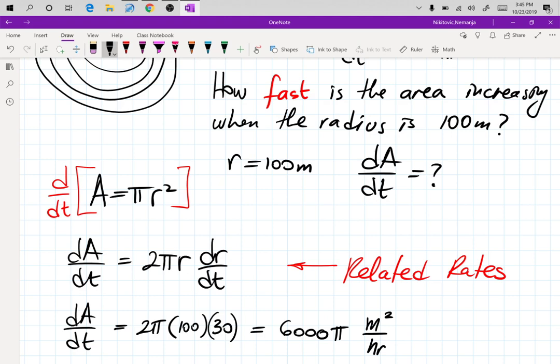Now, if two planes are to collide, what's the distance between them? 0, right? So I have this distance here, call it the distance d, that we can compute at any time if the distance x and distance y are given to us. What is the geometry? What is the formula that takes care of these lengths?